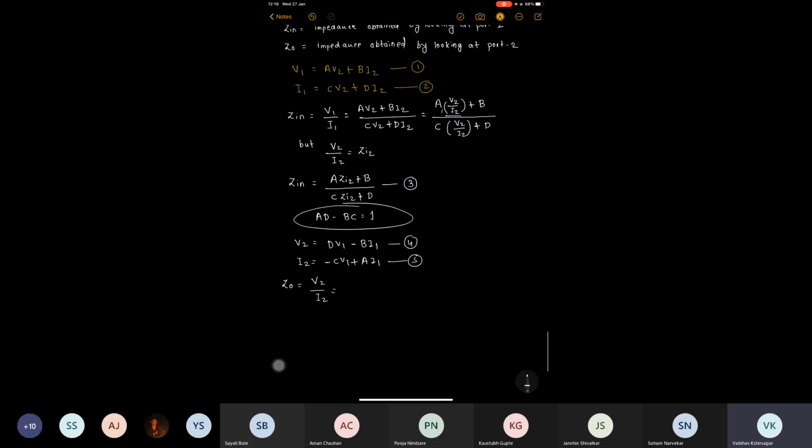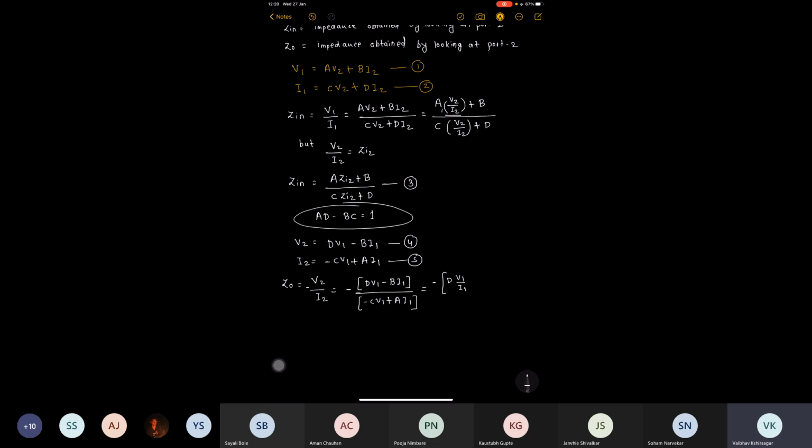So if I take the ratio, with a minus sign because it is reciprocal, minus of V2, which is DV1 minus BI1, divided by I2, which is minus CV1 plus AI1.